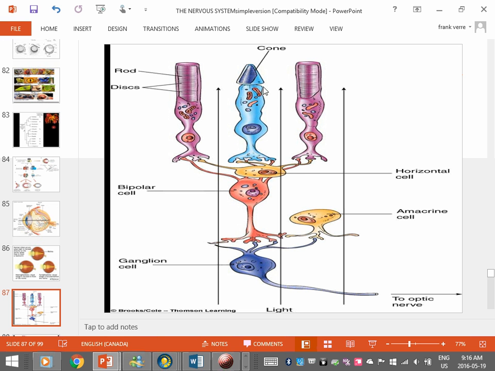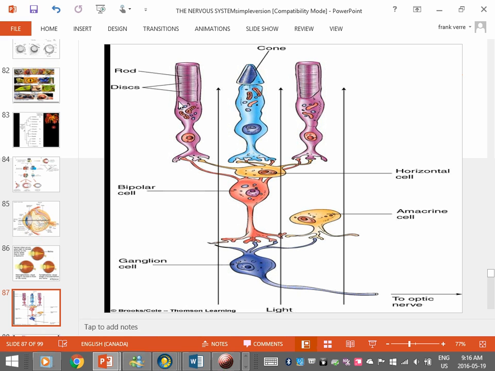So for example, this one is colored blue, so I would imagine this one is sensitive to blue light. So if it receives blue light, something will happen. Whereas the red cone, if it receives red light, something will happen. Okay? These are rod cells. They just respond to any color of light. So in other words, light versus dark.